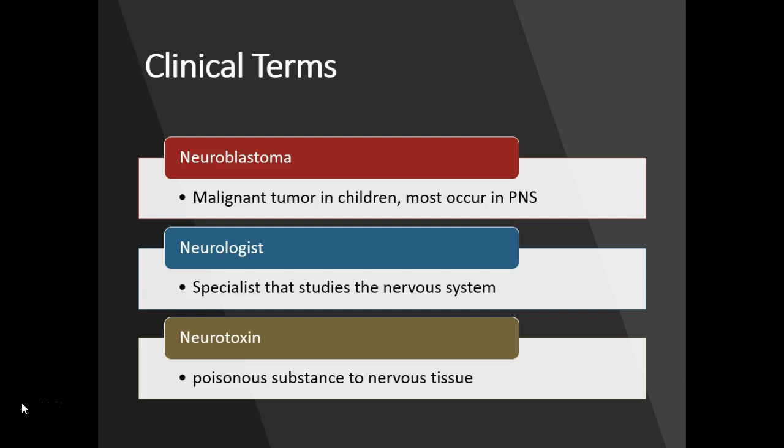Local anesthetics are drugs that block pain and other somatic sensations. For example, Novocaine and lidocaine, which can be used to produce anesthesia in the skin if you're having a cut sutured, or in the mouth if you're having dental work done, or even as a part of an epidural during childbirth.